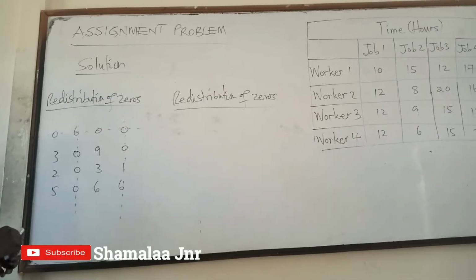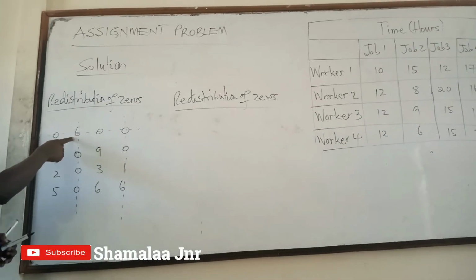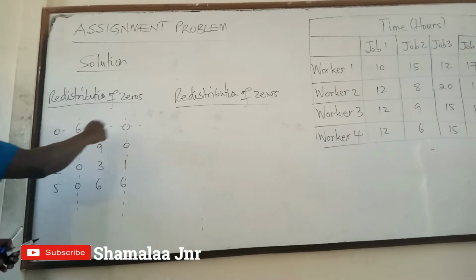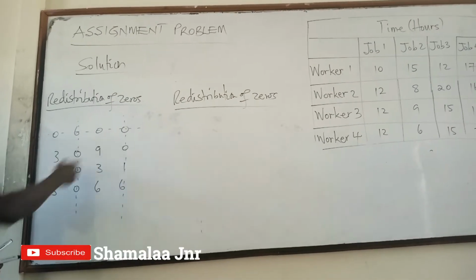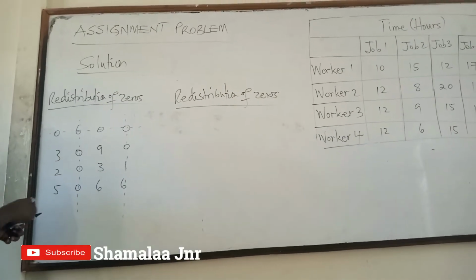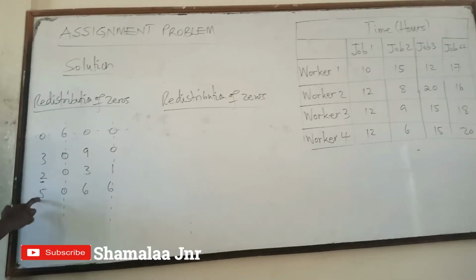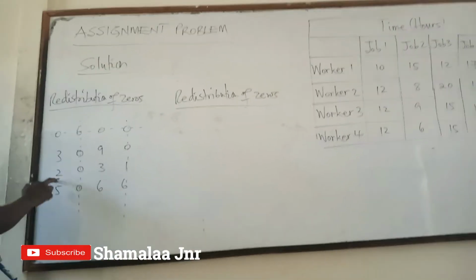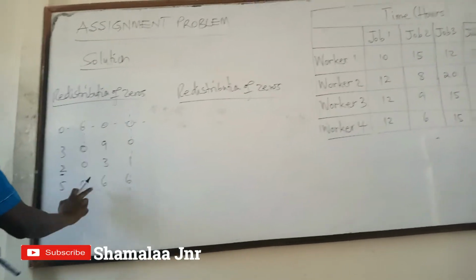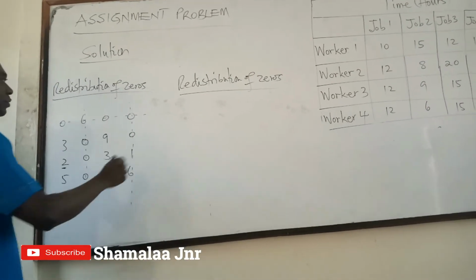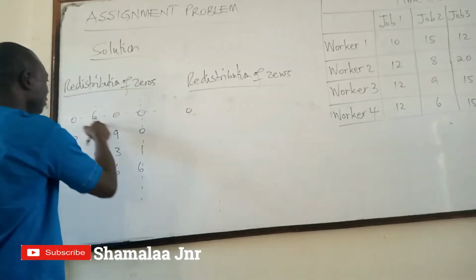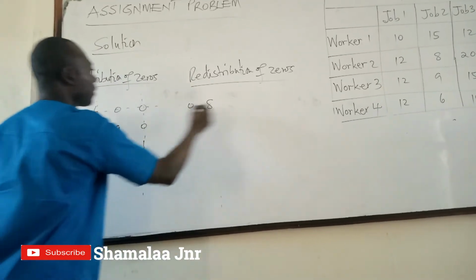So for this one, let's identify the junctions. 6 will be a junction where 2 lines have met. 0 will also be a junction. The smallest uncrossed number in this case is 2. Yes, look at the uncrossed numbers. It's 2. So we are going to subtract 2 from each of these uncrossed numbers and add it to the junctions. So we are going to get 0, 8, 0.